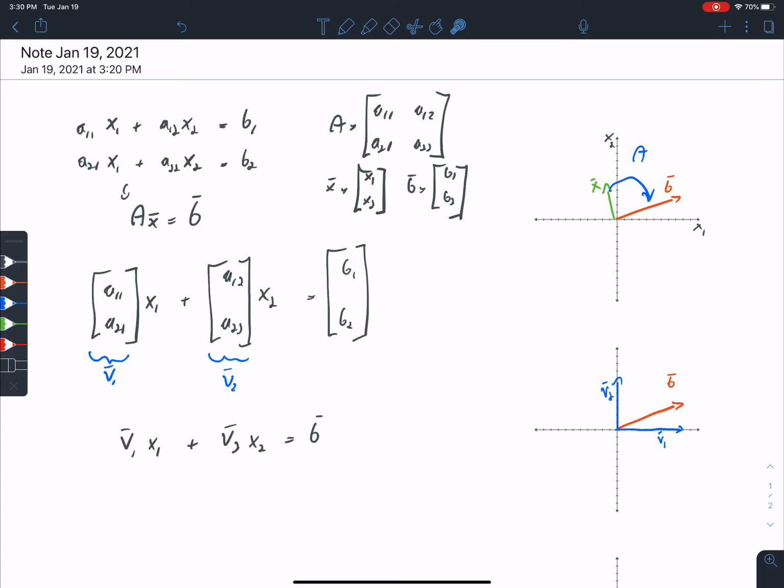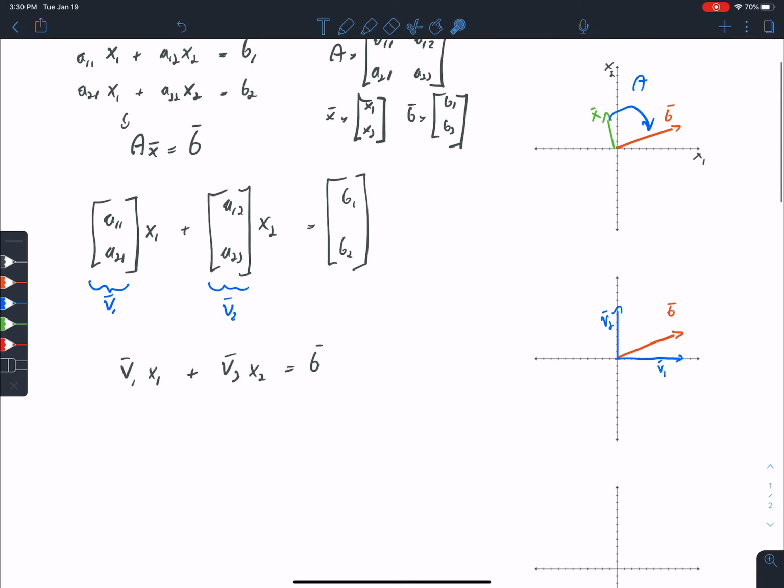Which leads us to a good intuition and interpretation for when the linear system has a solution and when it perhaps doesn't. If we have a situation where it's not possible to add vectors v2 and v1 to make up the vector b, then the linear system doesn't have a solution.